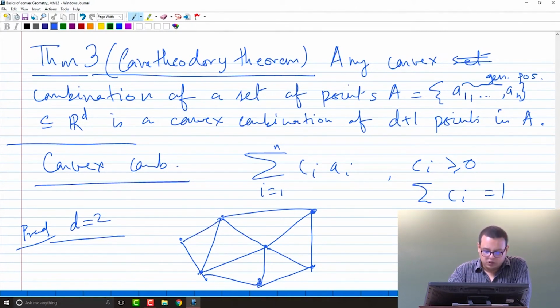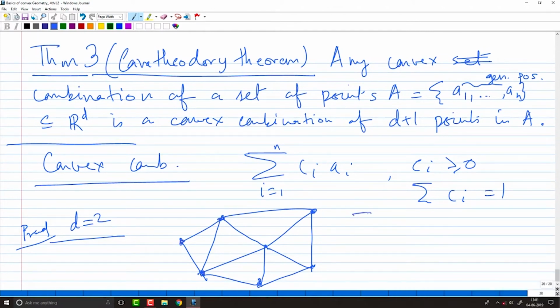So, what it does is it triangulates the convex hull of the points. There are two ways to define convex hull. One way is the boundary of the smallest convex body containing the points.